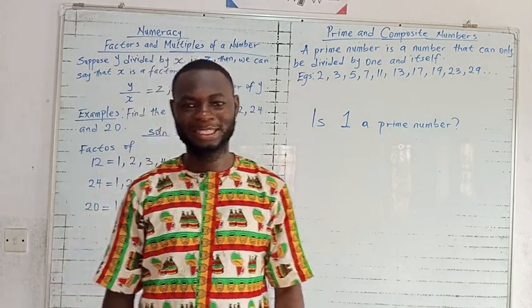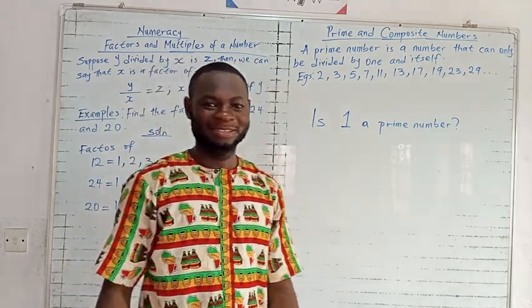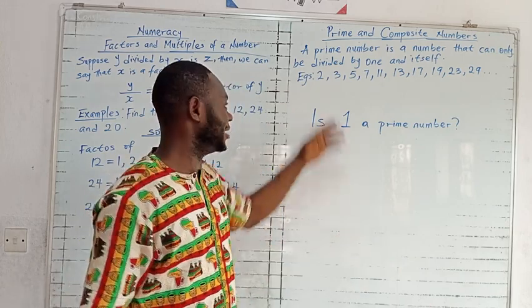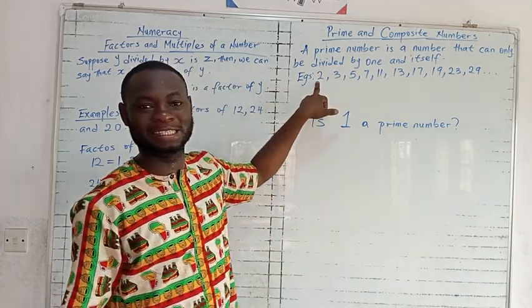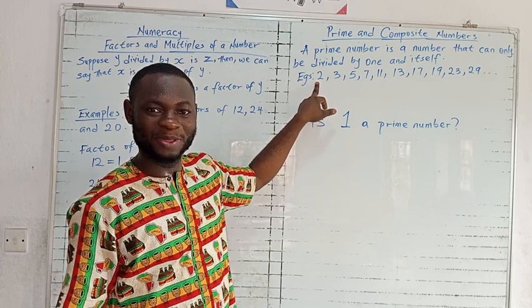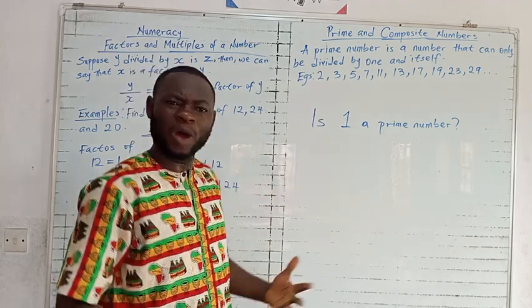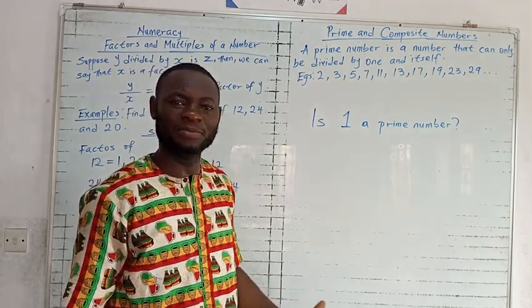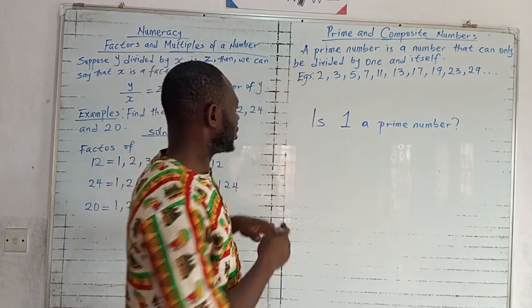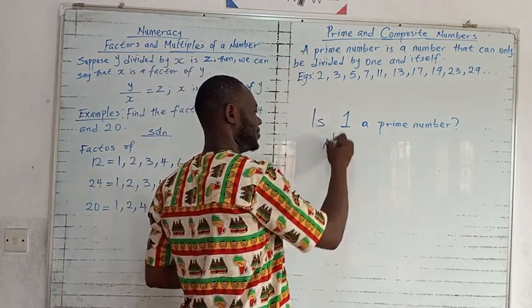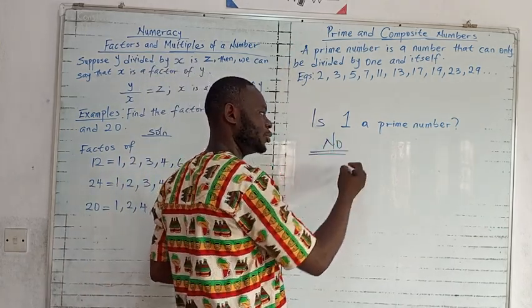What do you think? No, right? At least I didn't list it as an example of prime numbers. But why? Why is 1 not a prime number? The answer is no.